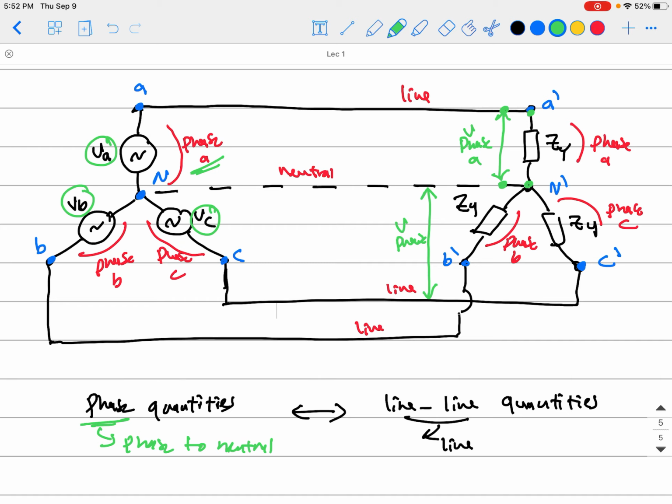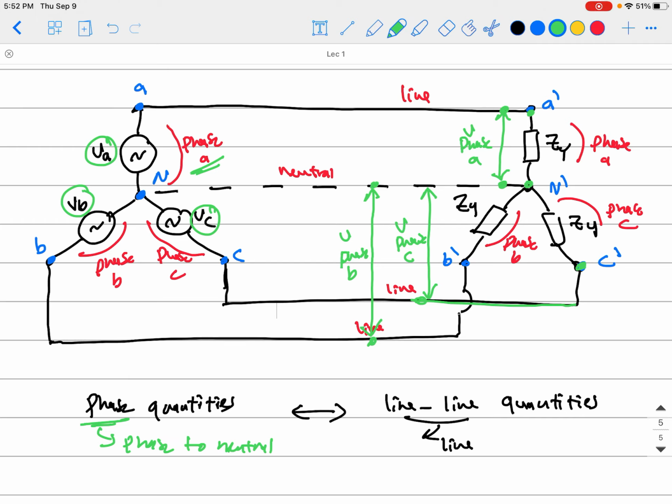This point is C, so that is the line C. So that is V phase C, and the same thing, this will be V phase B, because that is a voltage between the line B and the neutral.